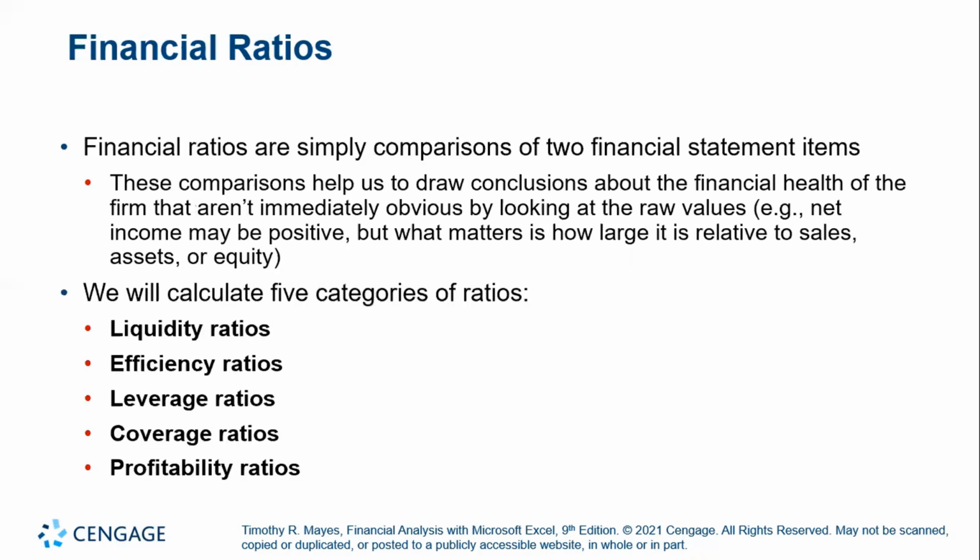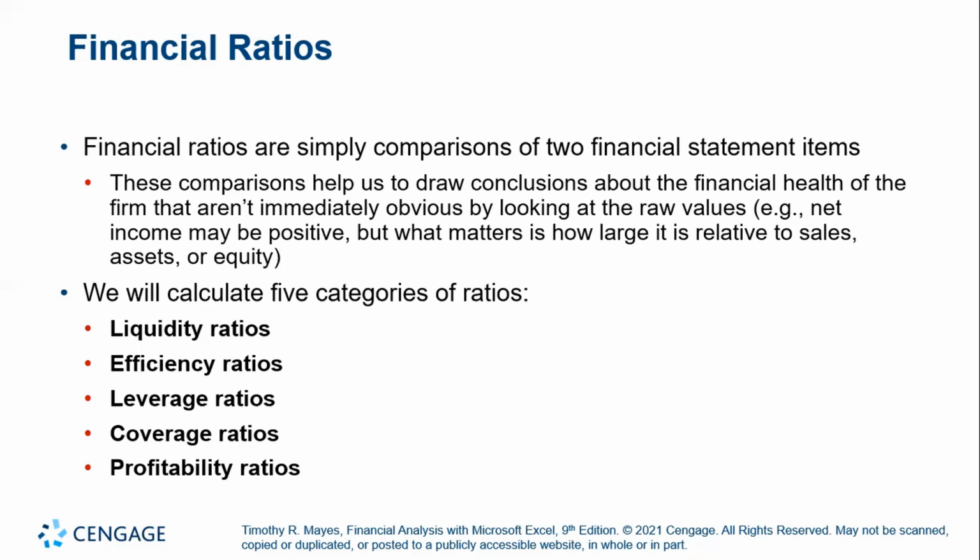Financial ratios are simply comparisons of two financial statement items. These comparisons help us to draw conclusions about the financial health of the firm that are not immediately obvious by looking at the raw values. For example, net income may be positive, but what matters is how large it is relative to sales, assets, or equity.